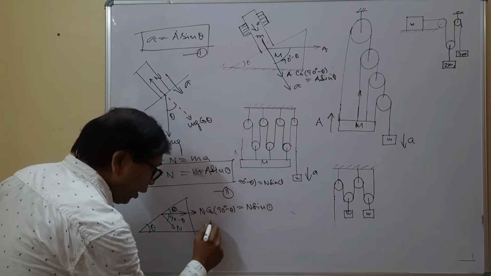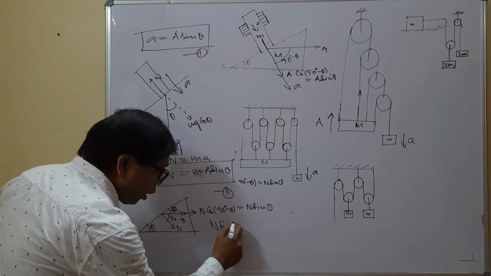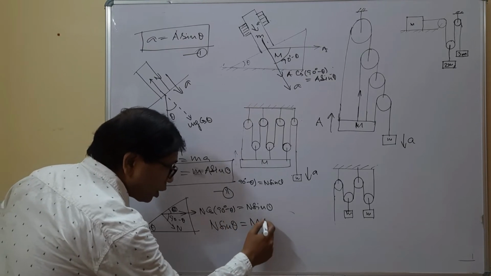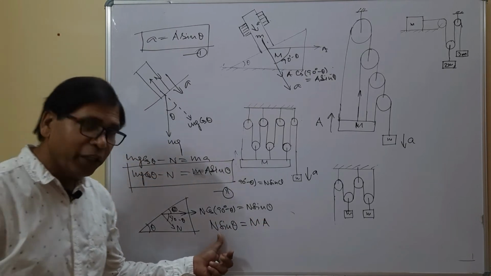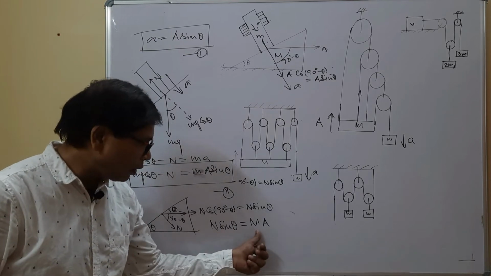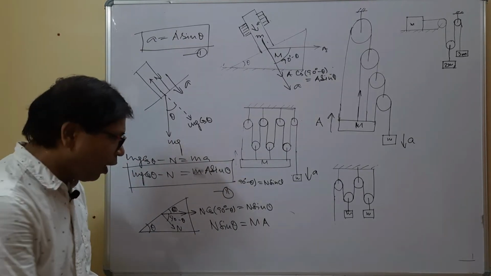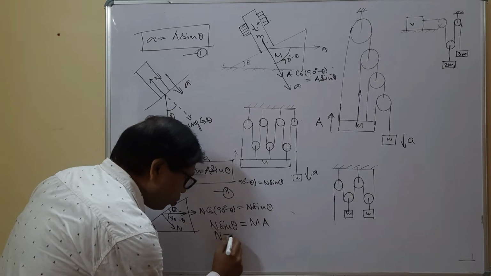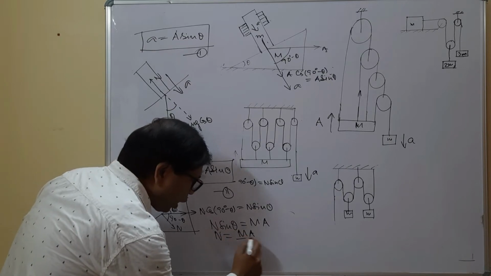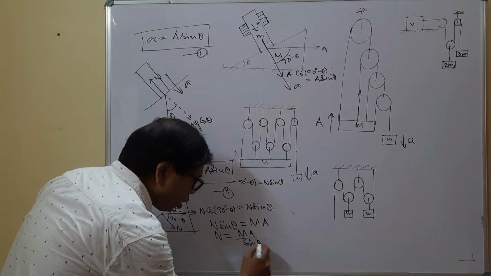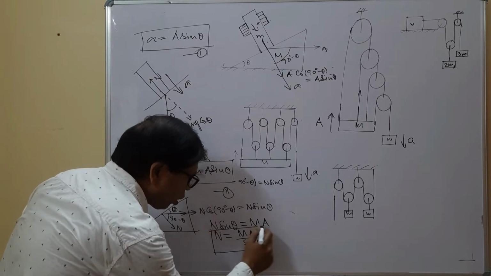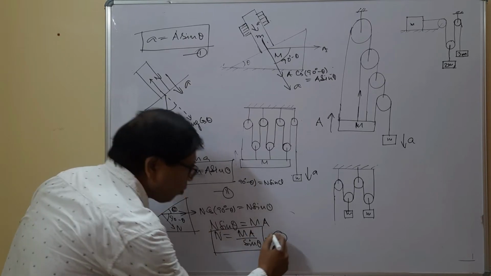Now N sin theta is equal to mass into acceleration, capital M into A. So N equals MA by sin theta. This is equation number 3.